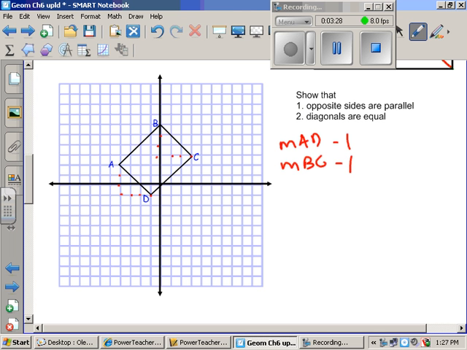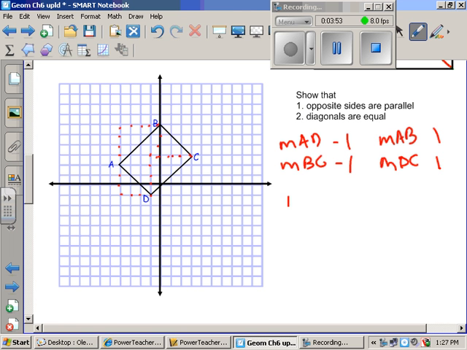Okay? Then the slope of AB and the slope of DC. AB goes up 1, 2, 3, 4, and over 1, 2, 3, 4. So its slope is 1. And DC goes up 1, 2, 3, 4, over 1, 2, 3, 4. So its slope is 1.